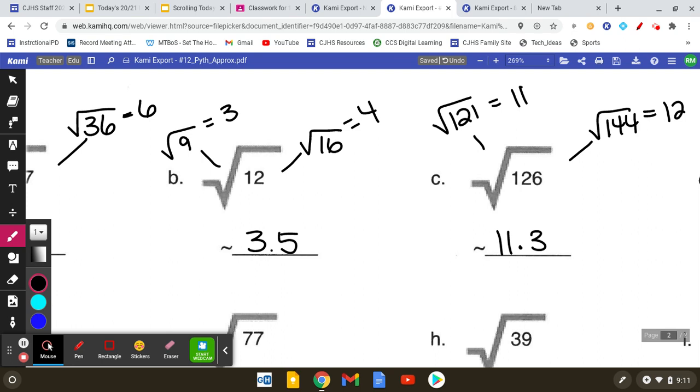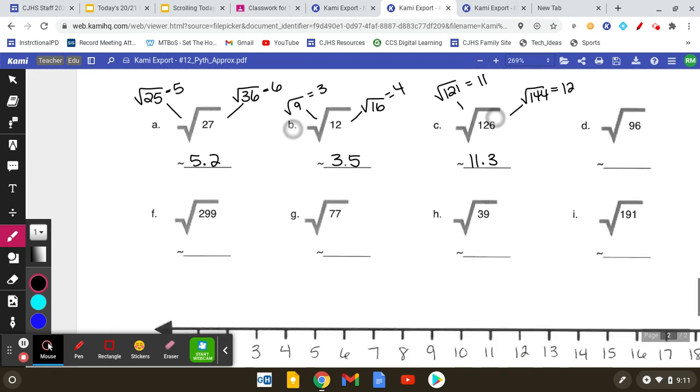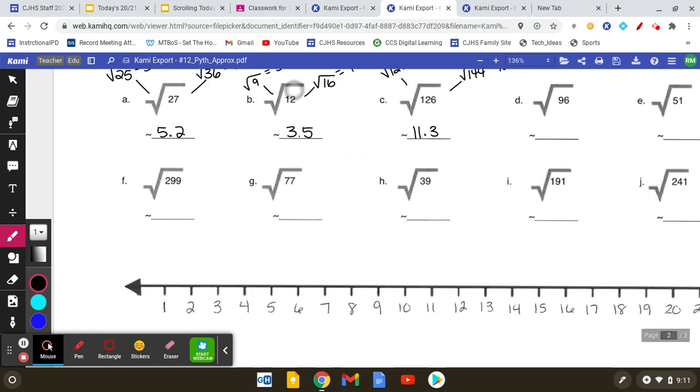Questions about this? Okay, so the next part is you'd go down here and we have a number line. The letter A we said is about 5.2, so we'd make a little line here and write A, closer to the 5.